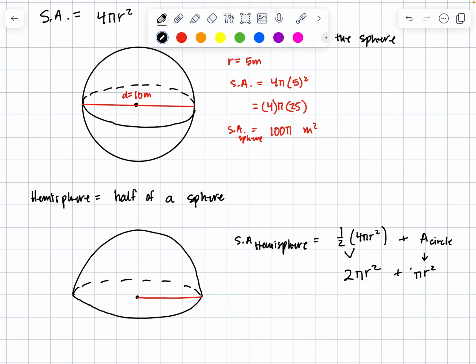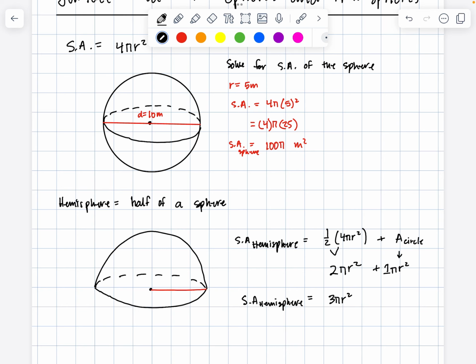So if you imagine there's a 1 in front of this, because where you don't see a coefficient, there's a 1, you could add these two up, and you could say the surface area of a hemisphere is actually equal to not 2 pi r squared, but 3 pi r squared, okay?